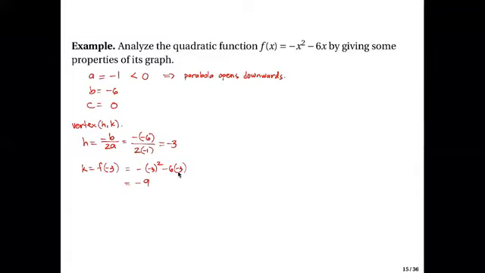That's positive 18, so plus 18. And this is equal to positive 9. Which means you have the vertex: vertex negative 3, comma, positive 9.